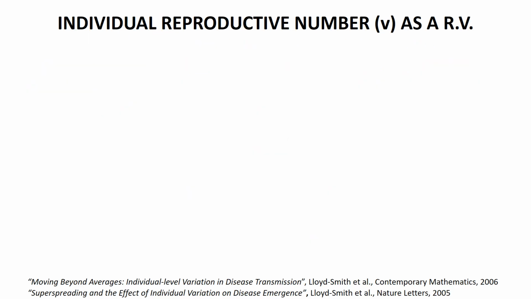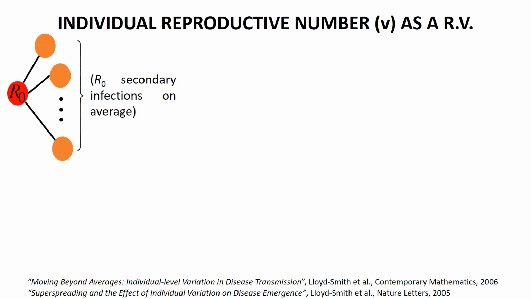So the individual reproductive number V, which we introduced before, I didn't say it, but it's actually a random variable. So there's the traditional approach, where R0 is the average number of infections that any individual will make over the infectious period. So R0 secondary infections on average. It doesn't mean that if R0 is equal to 3, you always infect 3. You might infect 3.5, 4.6, but the average will be 3.